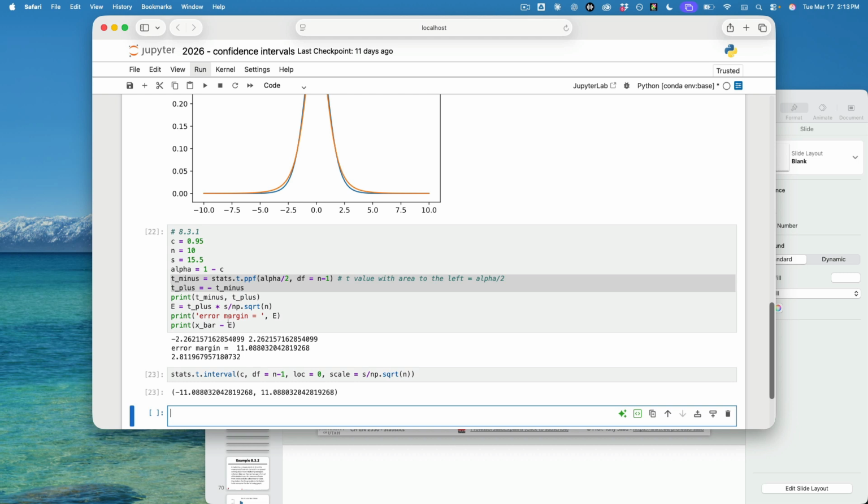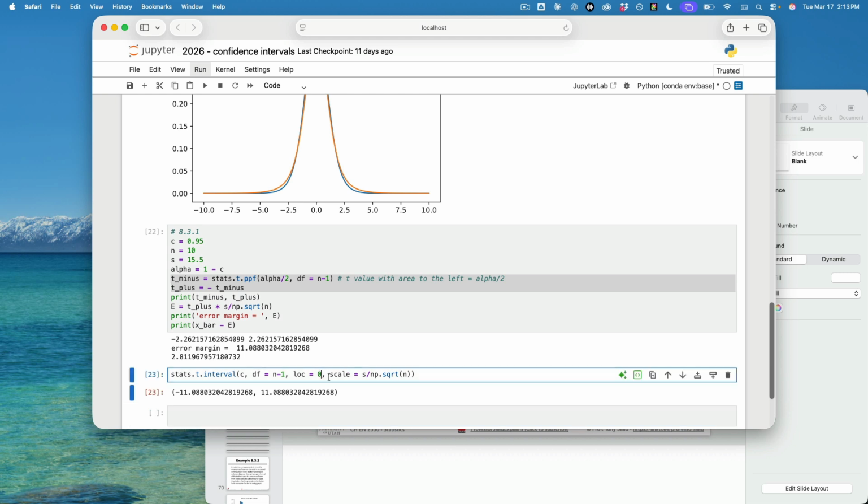So this loc value only shifts that interval. So if I put 1, it's going to be minus 10 to 12, right? Minus 10 to 12. If I put 2, it's going to just simply add that value to the error margin. So that's how you can trick stats.t.interval to obtain the error margin only. So you don't have to go and call the PPF and then compute the error margin manually by hand. Okay?